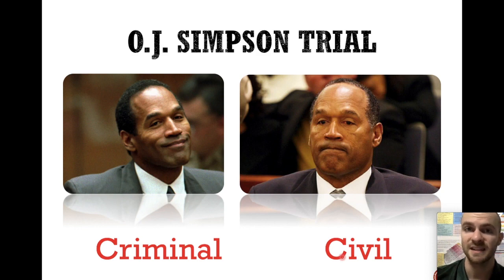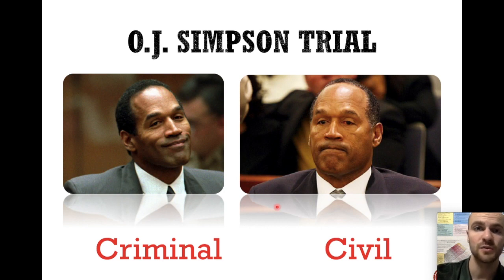Simpson was guilty. But soon thereafter, the parents of Ronald Goldman, who was one of the two individuals that was killed, sued O.J. Simpson in civil court. And in civil court, O.J. Simpson lost.